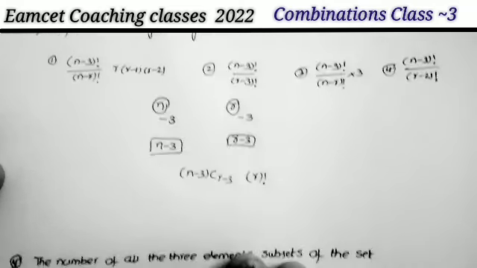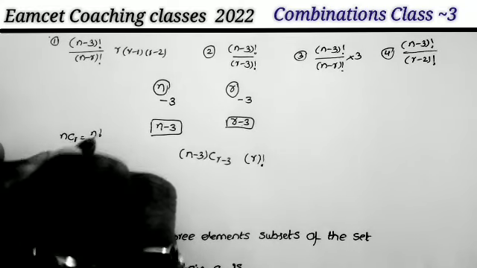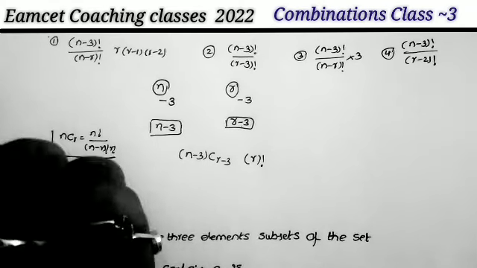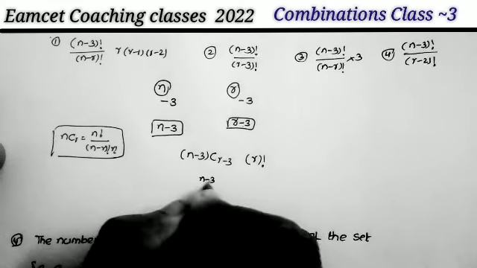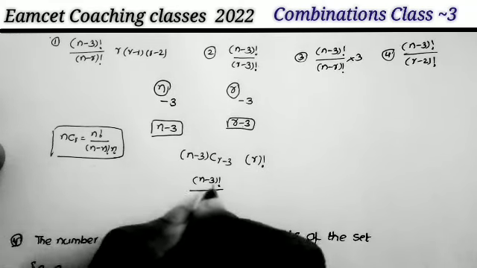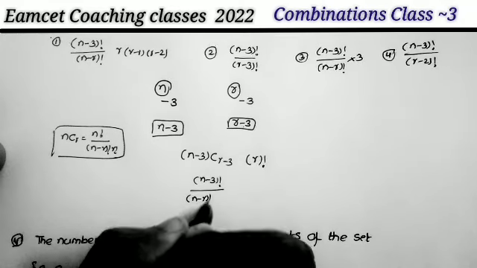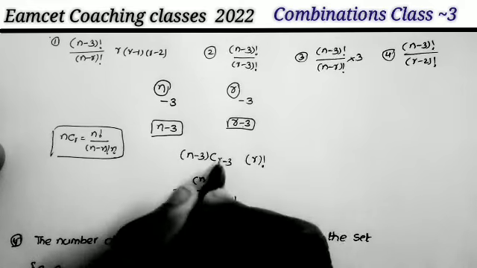Now applying the formula: what is the formula of nCr? n factorial by n minus r factorial into r factorial. So the answer is n minus 3 factorial by n minus 3 minus r plus 3, that is n minus r factorial, into r minus 3 factorial. So this is the formula for this one.